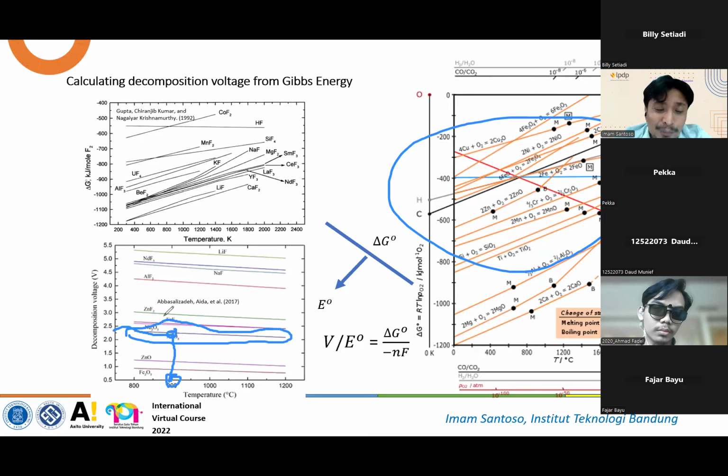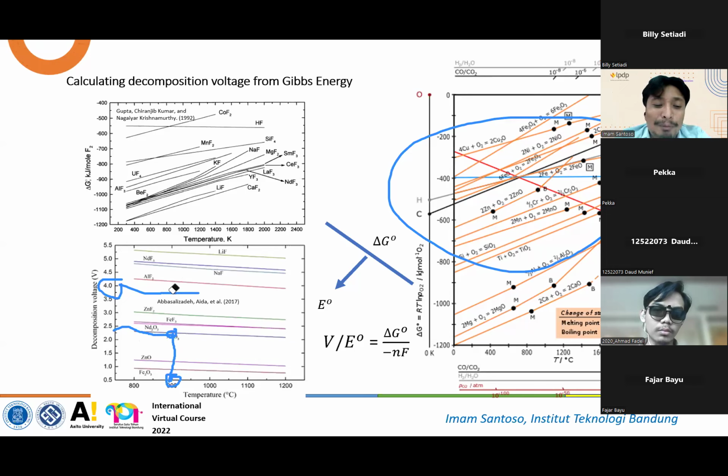Or bigger, if you put a potential of 4 volt to the cell, it will decompose not only aluminum oxide, but also neodymium oxide, iron fluoride, and zinc fluoride, but it will not decompose aluminum fluoride.